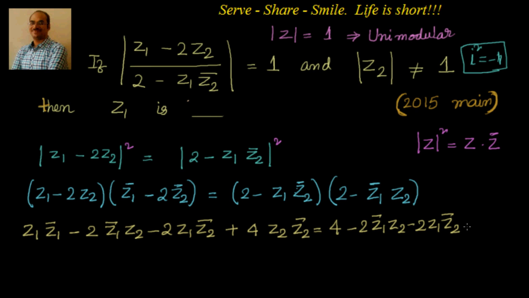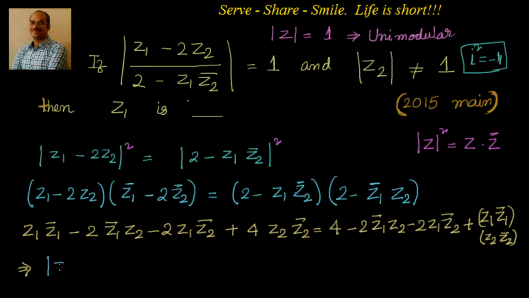We're just doing the multiplication, nothing else. Then after that we have plus z1 into z1 conjugate into z2 into z2 conjugate. So now again we'll go back and apply the formula we know. The formula is, if I have z into z conjugate, then it is nothing but equal to mod z whole square.